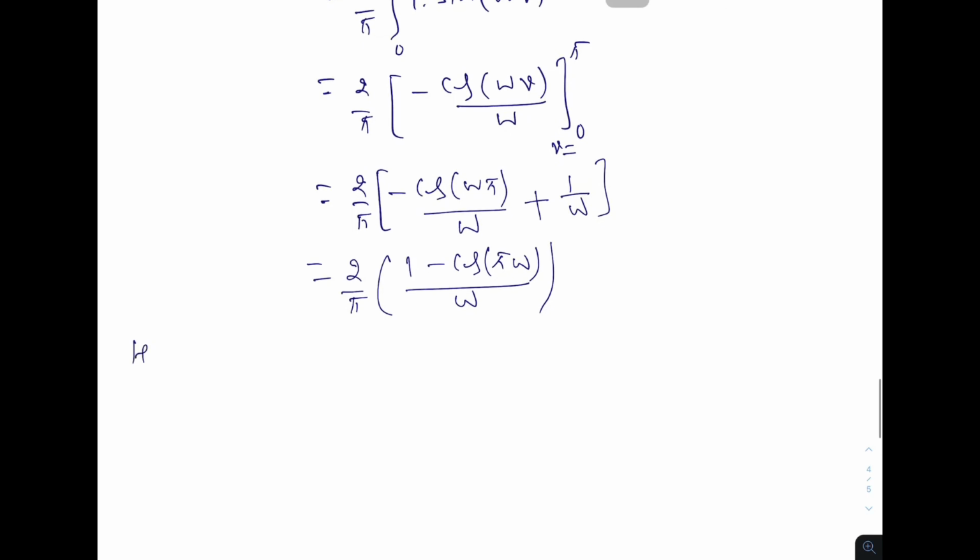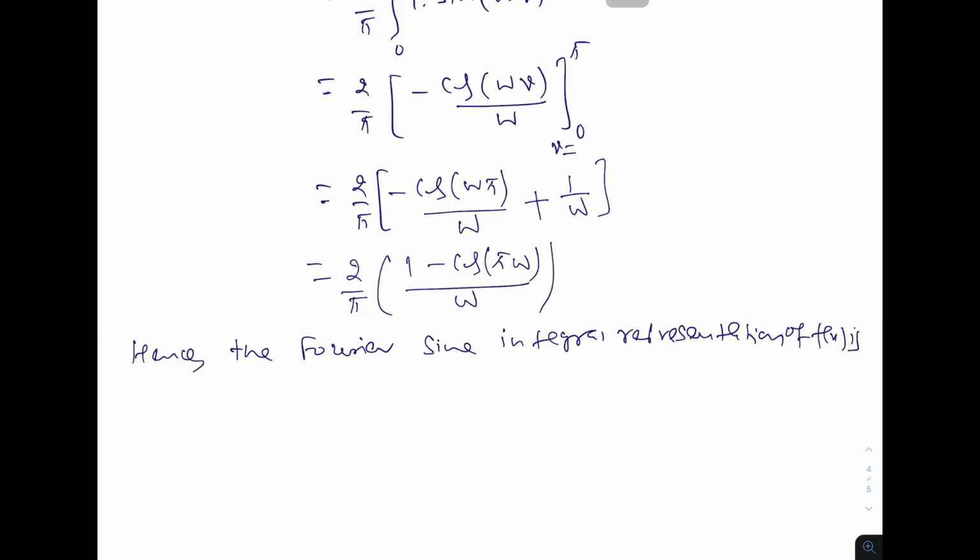So hence the Fourier sine integral representation of f(x) is the integration from 0 to infinity of B(omega) sin(omega x) d omega.